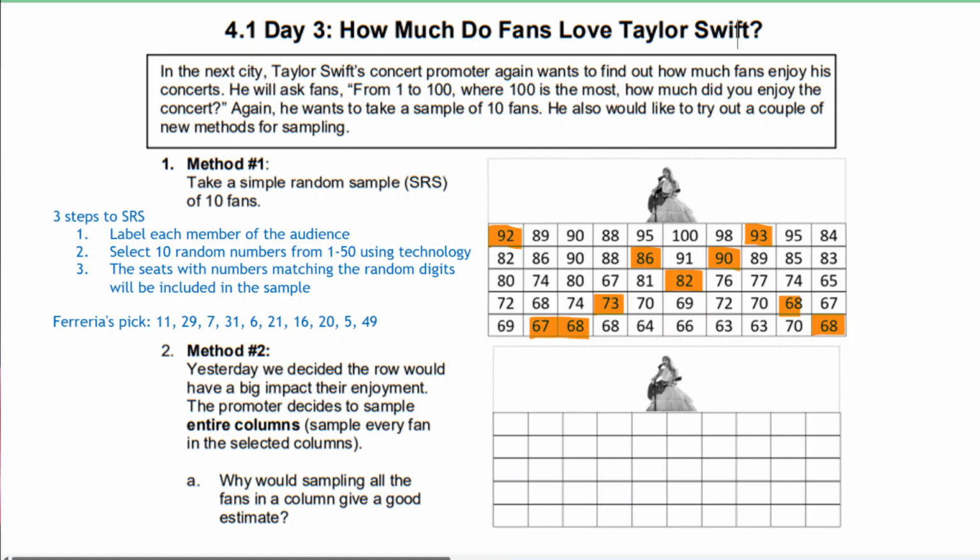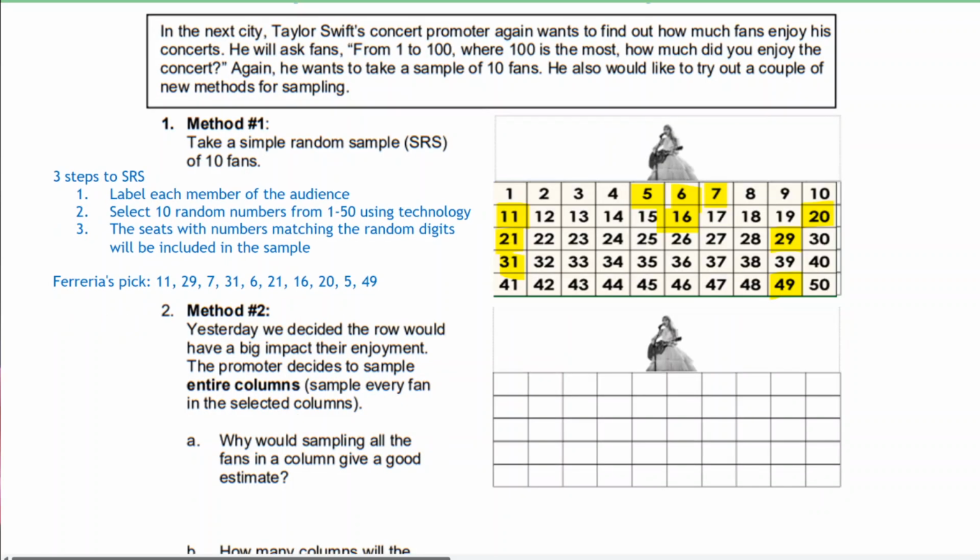So I think I have the wrong chart over here, but since this was from yesterday, I think you'll understand. We're looking for person 11 to be included in the sample, person 29 to be included in the sample, etc. Okay, here is our correct map of the seats. Notice that seat number 11 is selected, seat number 29 is selected, seat number 7, etc.